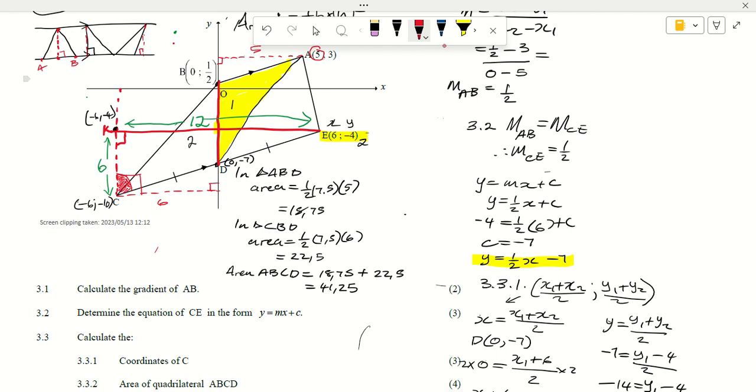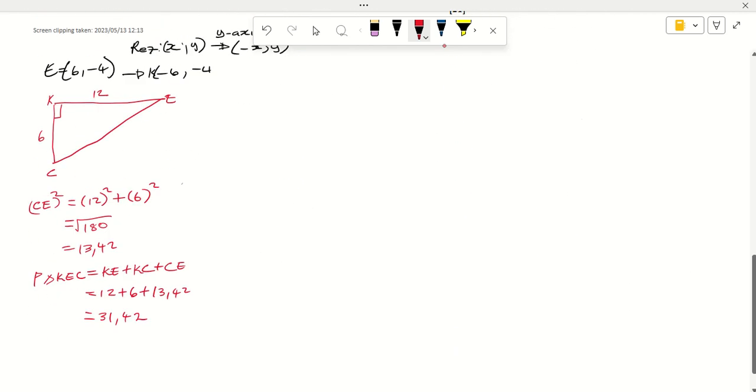So fine. So what I'll do here, I'm going to construct. Okay, here is KCE, right? And we had a right angle here.